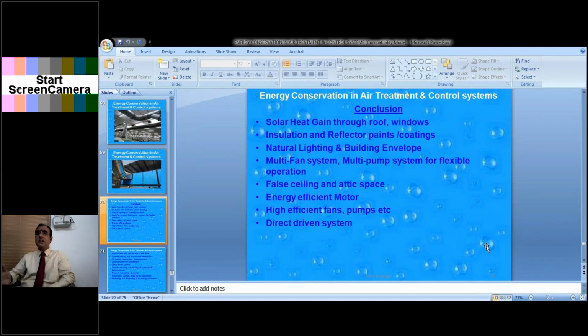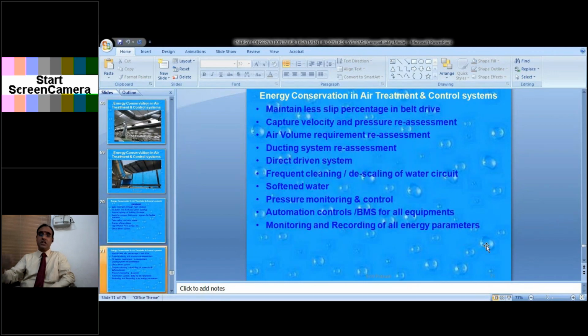So high efficient pumps are available in the market. Then direct driven systems, wherever possible you can go, so that belt slippage of 5 to 7% we can try to reduce. Cogged belts are there instead of normal belts. He was also telling about the belt drives where we can save.